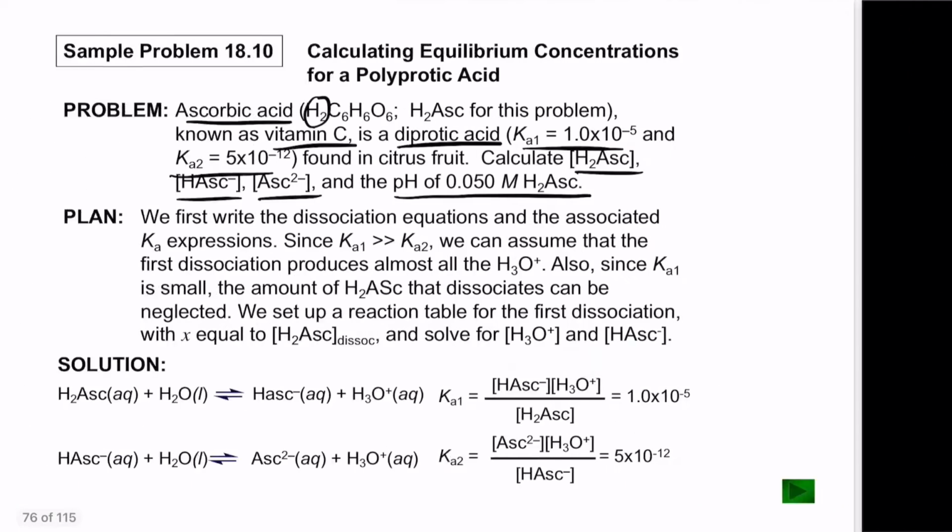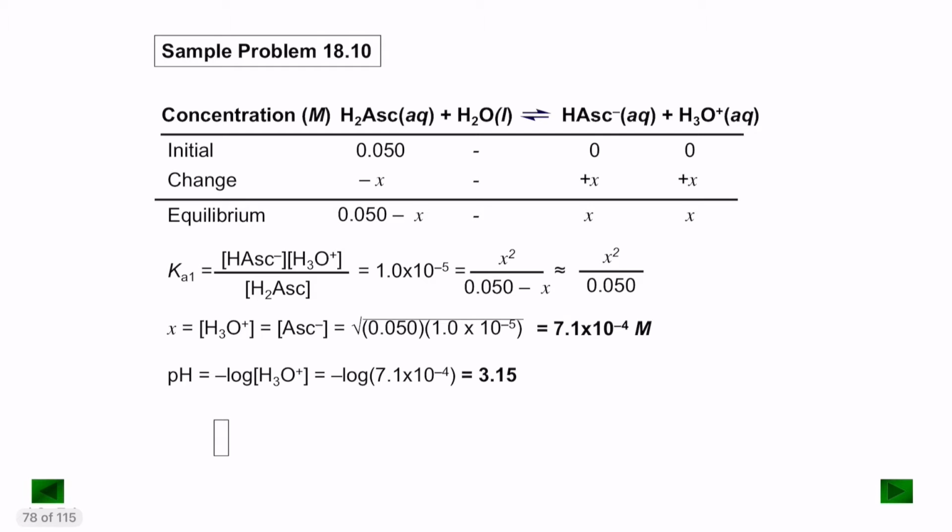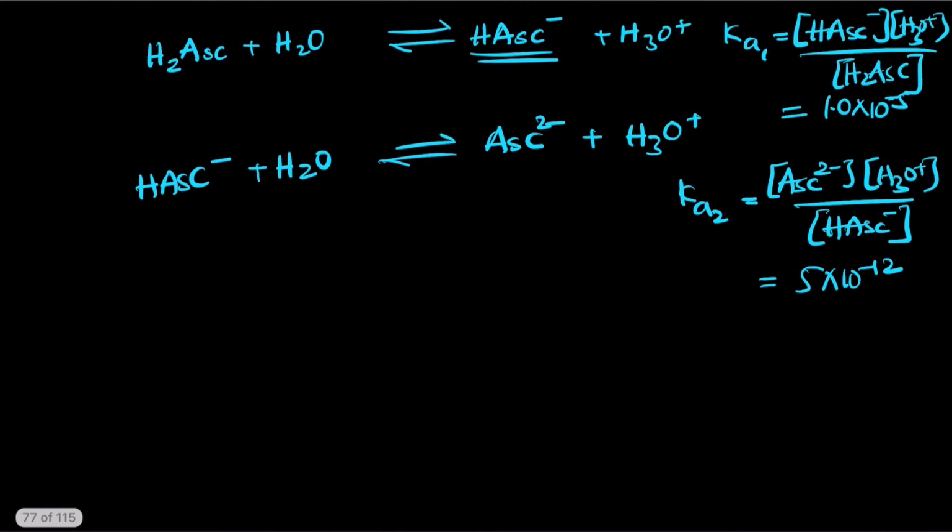Now considering the equation, they have asked us to calculate the pH of this particular amount of acid. So to calculate that, let's first write down the reaction table for the first reaction.